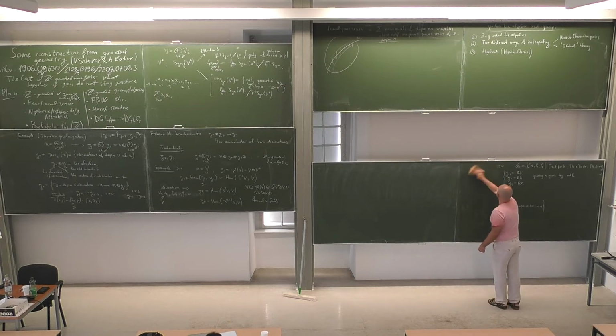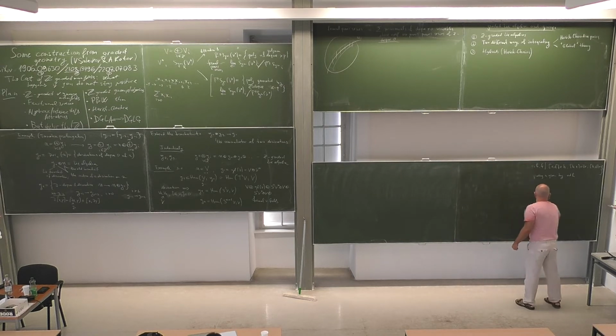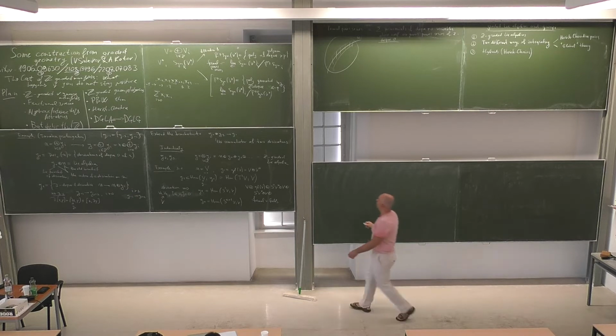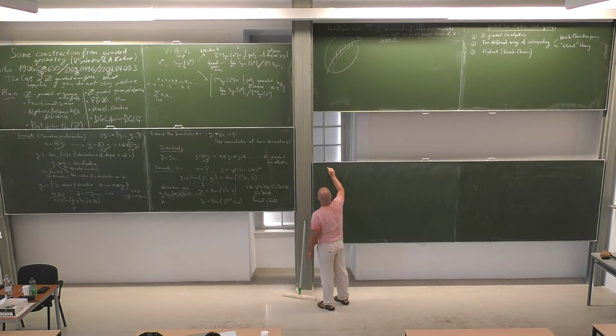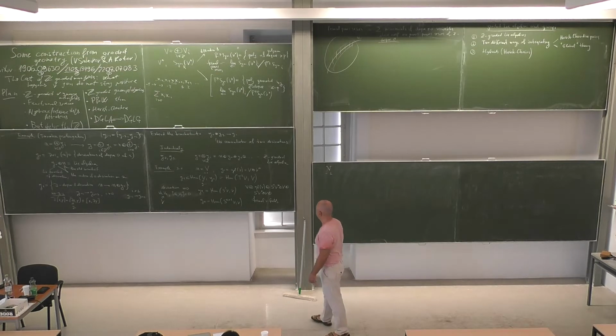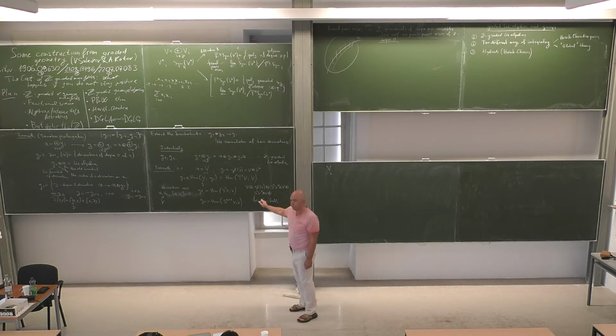So let me drop the condition that the nilpotent algebra has only one term of degree minus 1. So suppose we have a vector space. Let's put this in degree minus 1.